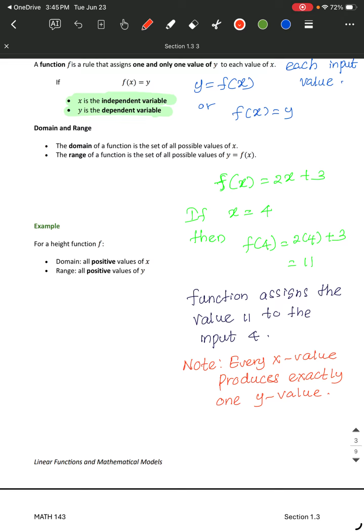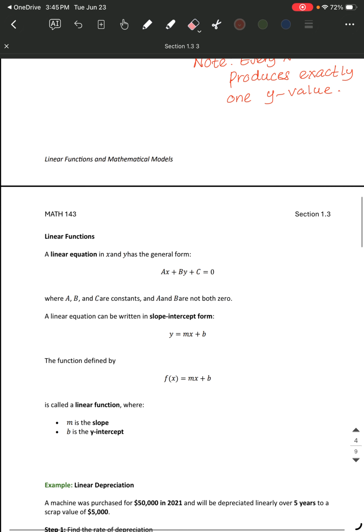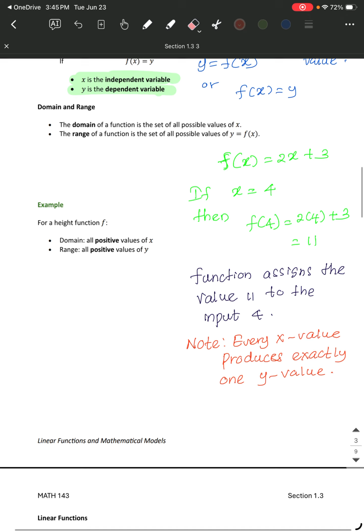That is what makes it a function. Okay, then let's look at the range and the domain of a function.